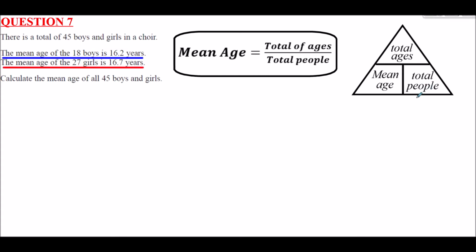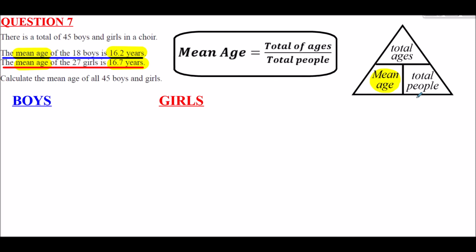So obviously we've got two different groups of people. We've got boys and girls. So think of it in two categories, then we can combine at the end. So we're told the mean age of boys and girls. So for each category we do know the mean, so that could be highlighted in our formula triangle.